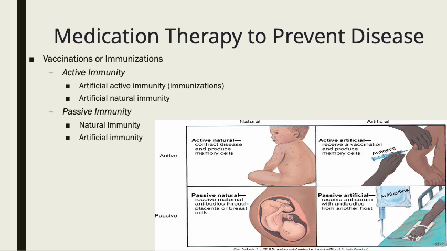An example of natural active immunity would be when someone is exposed to a disease like chickenpox and then they develop an active infection. They're going to get those antibodies. Natural passive immunity would be when a mom has chickenpox and it's conferred to the infant who's being breastfed through her breast milk.